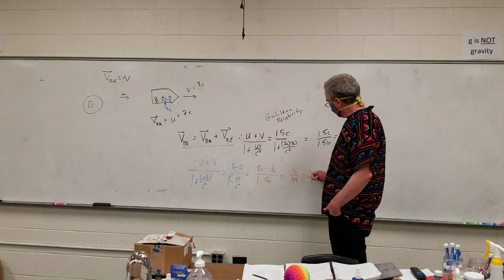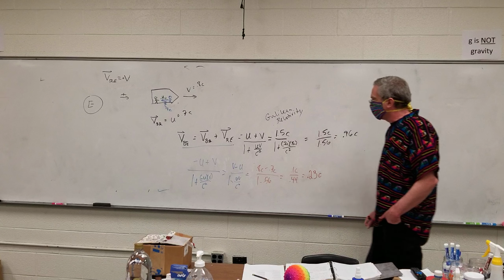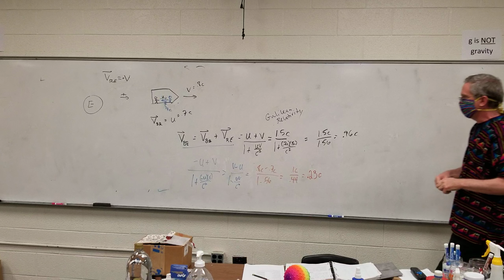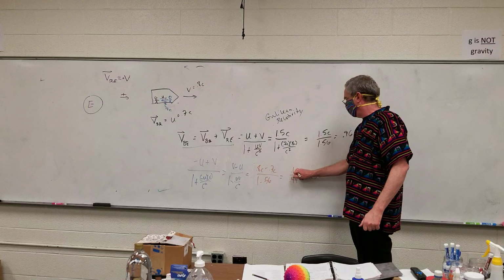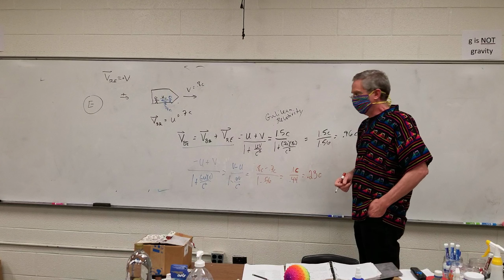Wait, 0.16 over 0.44? Yeah, I did it right. 0.16 over 0.44, that's 0.23c. Just because I didn't feel like bringing in the actual value.